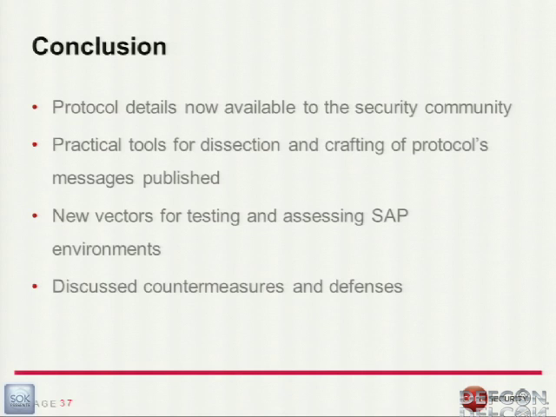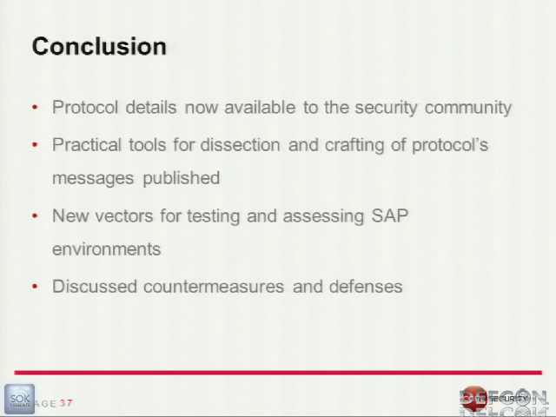Well, we have discussed what the protocol packet looks like. The details about the protocol are now available. Practical tools, both for dissecting and for crafting packets, are available. Both tools will be released with the GPL license, so they will be available for anyone.